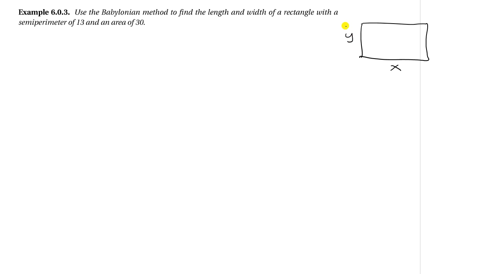So actual perimeter is 2x and 2y, right? So semiperimeter of 13 means just x plus y equals 13. The area is x times y is 30, right? So after you translate it, it's exactly the same condition like we have in front, right?